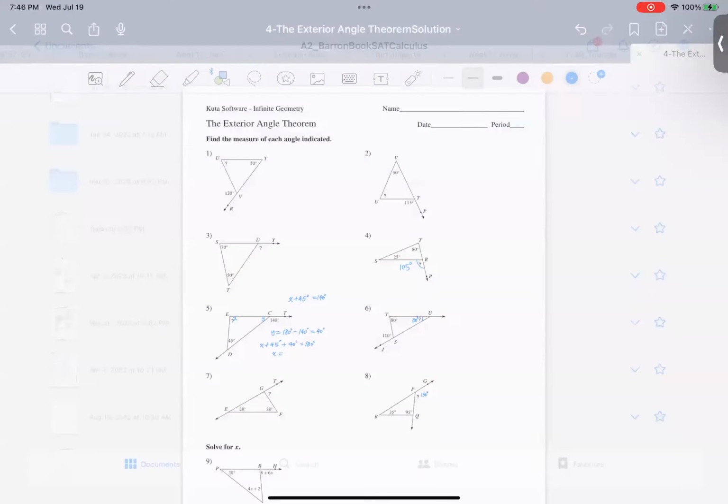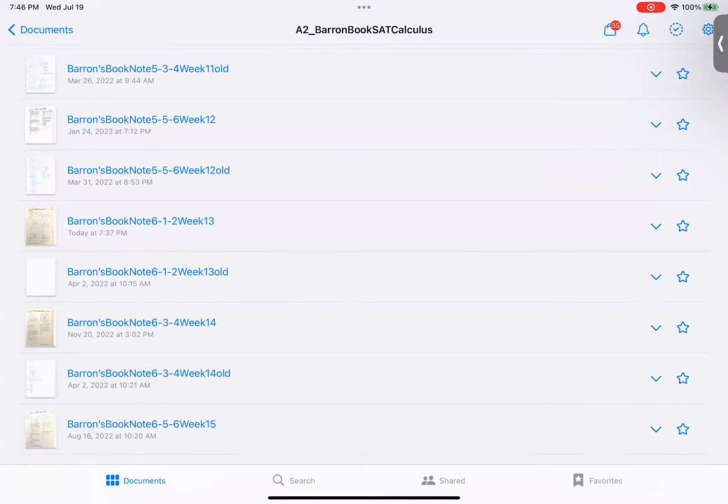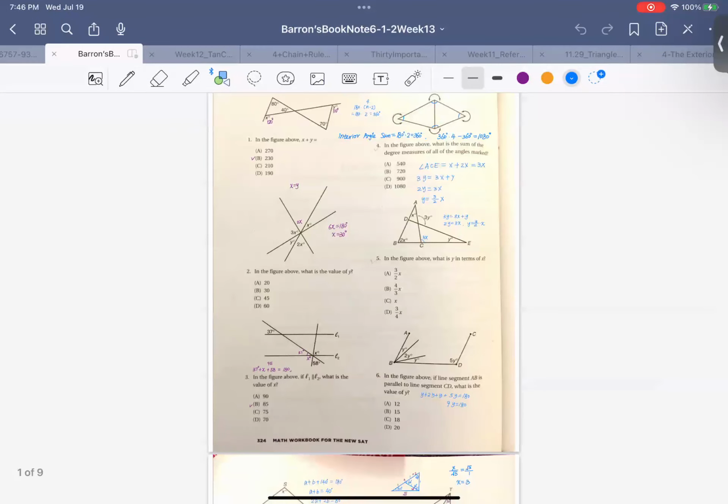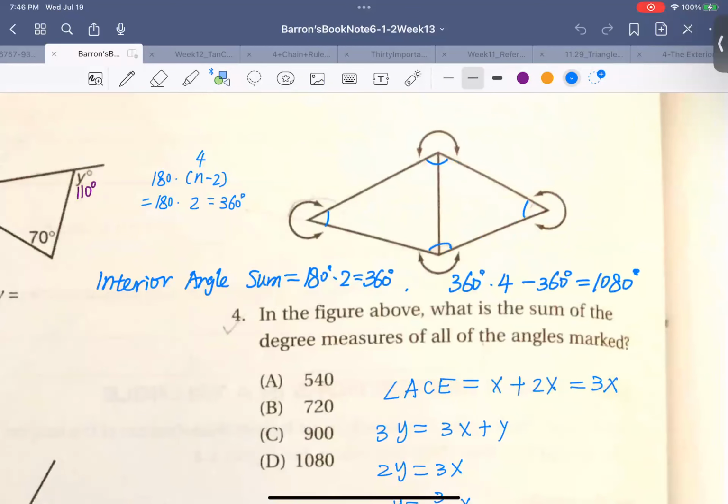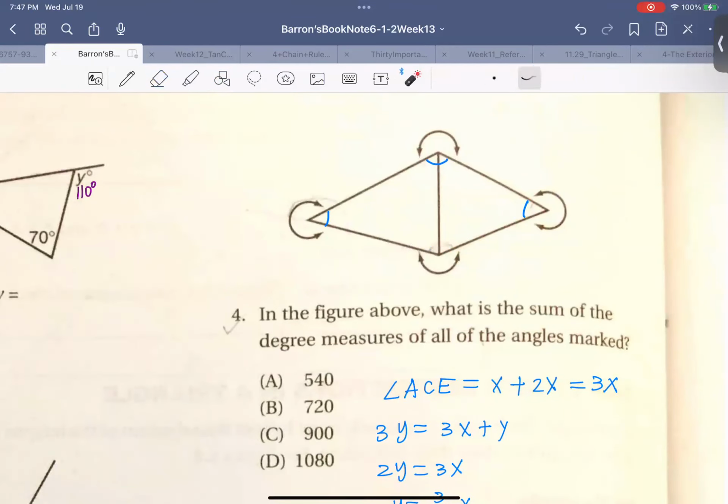The one right here. Look at this. So Steve, you can do this question. In this figure above, I'm going to erase my work. They ask you what the angle summation is. What do you think?